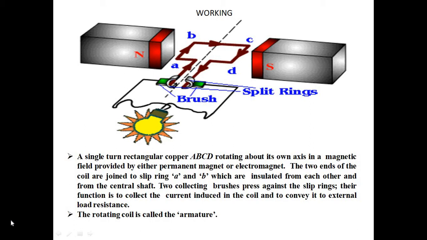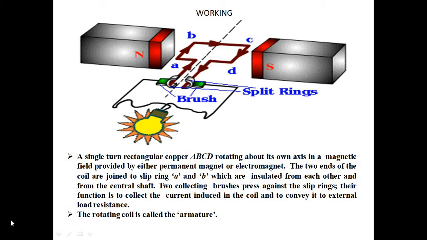A single rectangular copper coil ABCD rotates about its own axis in a magnetic field provided by either a permanent magnet or an electromagnet. The two ends of the coil are joined to slip rings A and B, which are insulated from each other and from the central shaft.